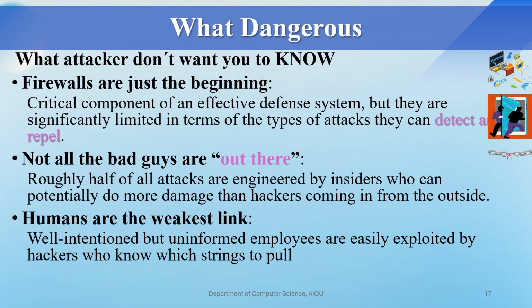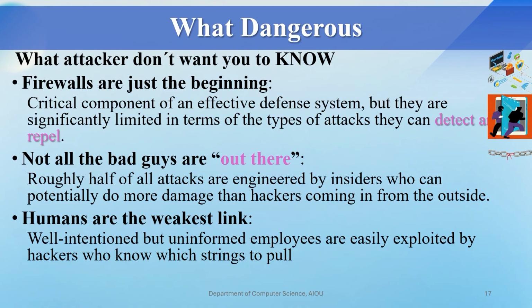Not all attackers come from external resources or the external world. Roughly half of the attacks are engineered by insiders within the information system, who can potentially do more damage than attackers coming from outside on the internet. Humans are the weakest link.